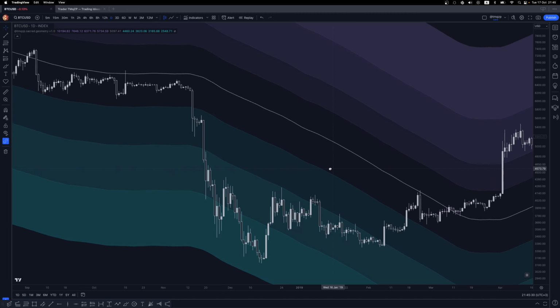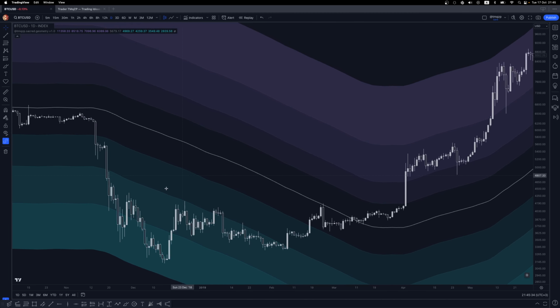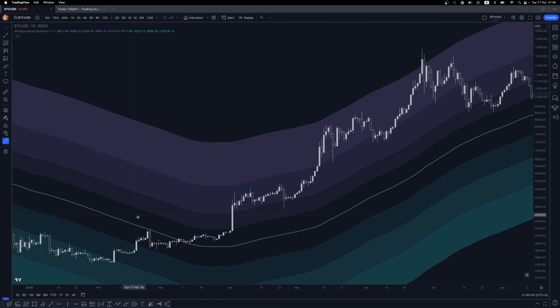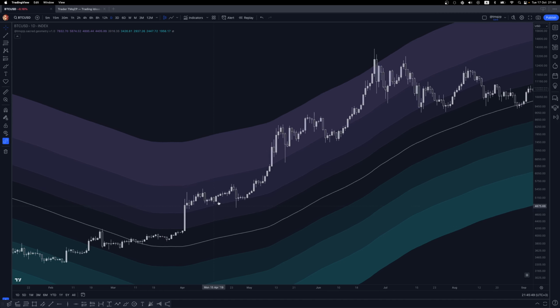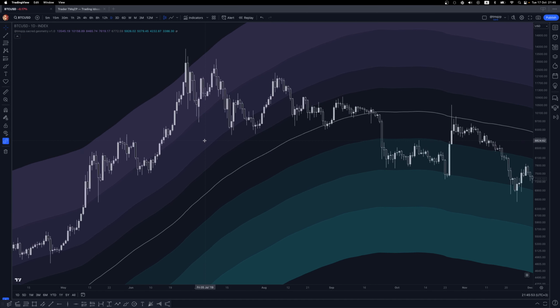So you can already see how this works. If we go to the 2018 bottom in December, again very close to the lower end of the wave. It initially rejects the main frequency, but then drifts through it and starts climbing through the different waves. This is the DeFi summer in 2019.